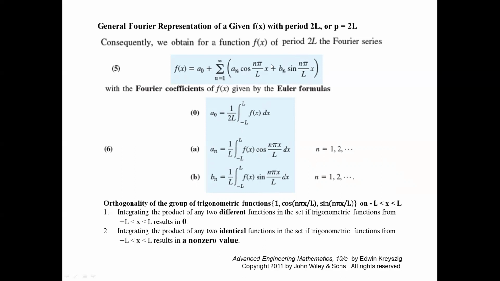That's how we get Bn. The two other coefficients can be obtained in a similar way. And our immediate job is how to obtain those Fourier coefficients based on these formulas.